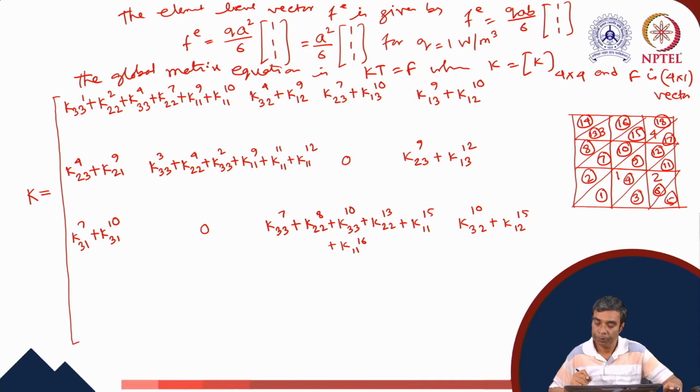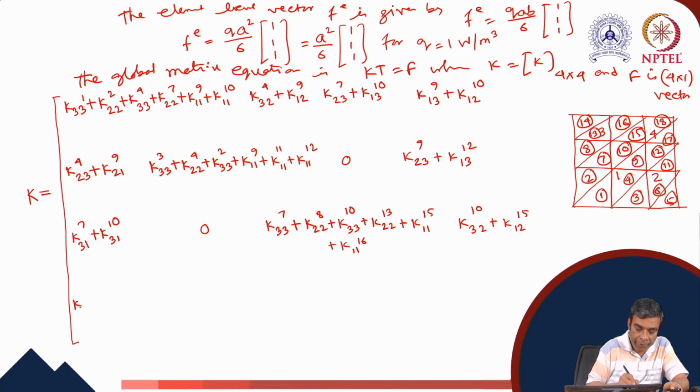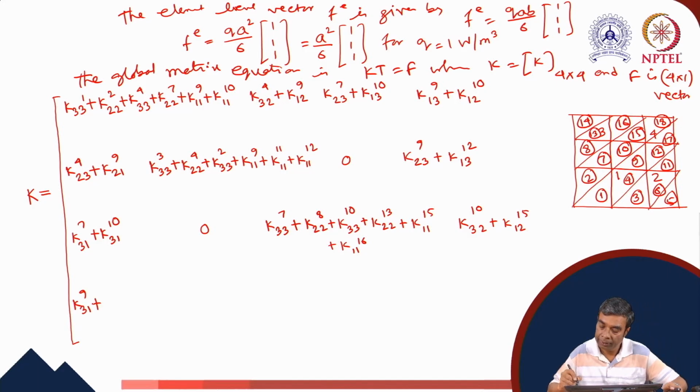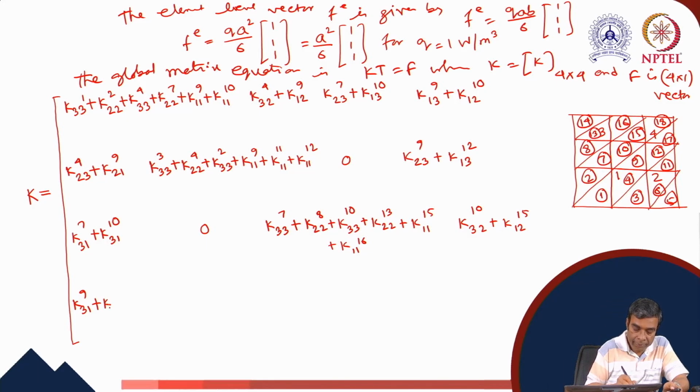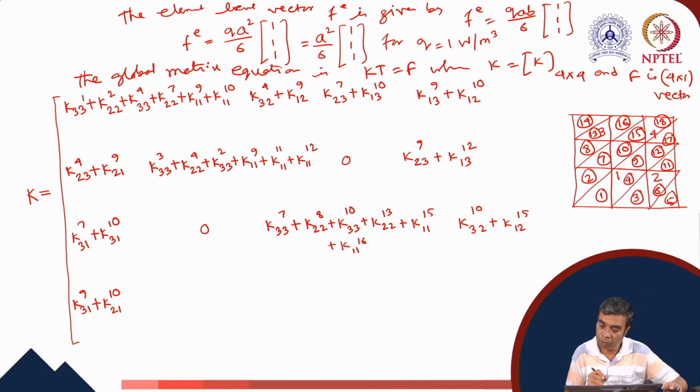Now we are left with the last row of this matrix, the fourth row. So first term is K41. K41 equals K319 plus K2110. Then K42. This will be contributed by elements 9 and 12.